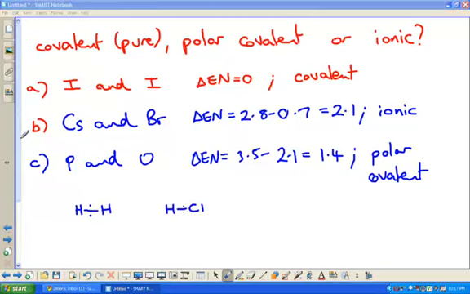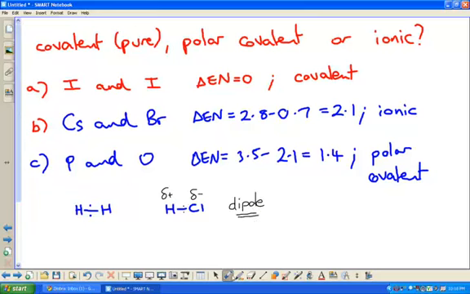Because electrons have a negative charge and they're closer to the chlorine for more time than they are to the hydrogen, that builds up a small negative charge on the side of the chlorine and a small positive charge on the side of the hydrogen. This is a charge separation known as a dipole. The larger the electronegativity difference, the larger the dipole.